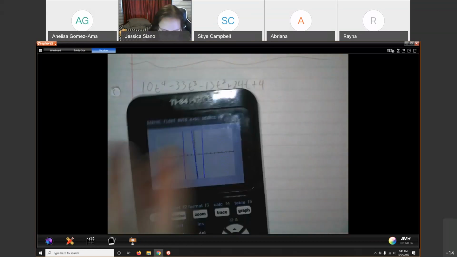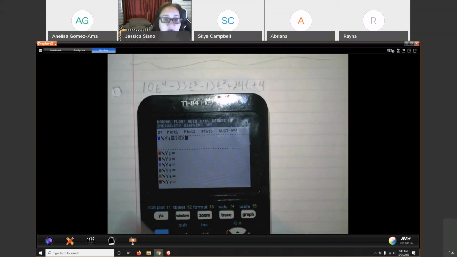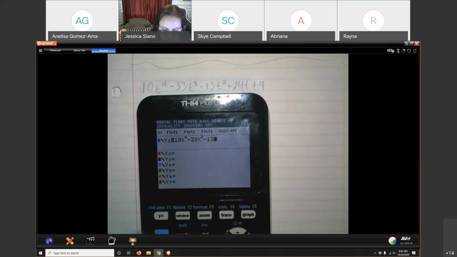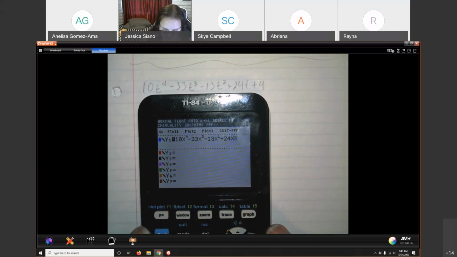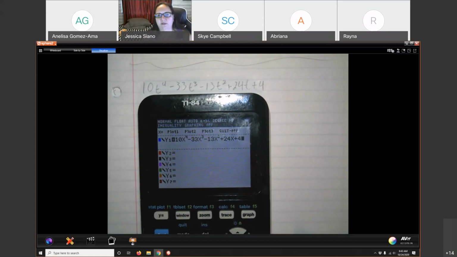I'm going to graph it. 10x to the fourth, minus 33x to the third, minus 13x to the second, plus 24x plus 4. 10x to the fourth minus 33x to the third minus 13x squared plus 24x plus 4.